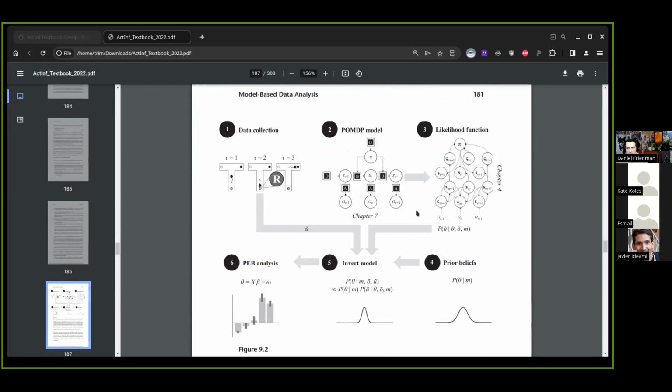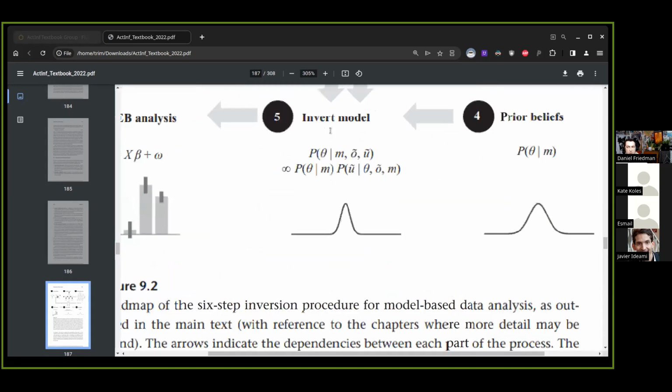Steps 2, 3, and 4 are kind of like the skeleton, or like the aqueduct system of our intelligence infrastructure. And here comes the data flowing through. This is the actual empirical results. That all comes together in this model inversion step.